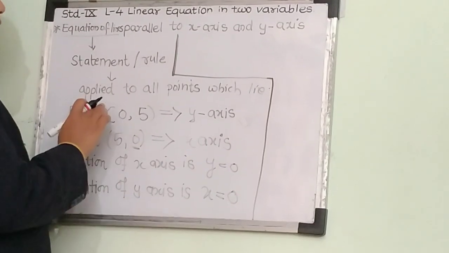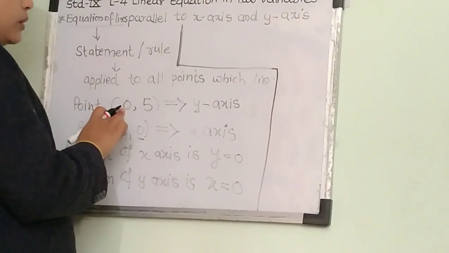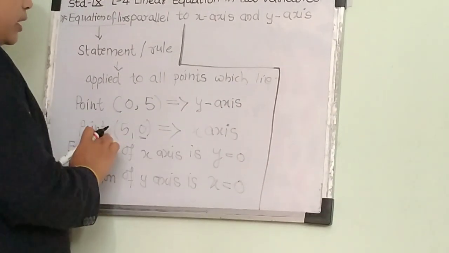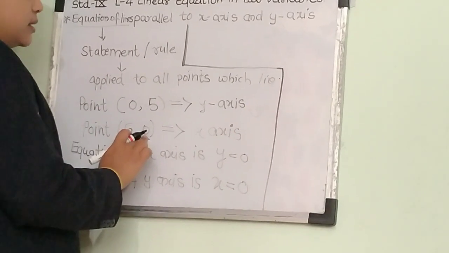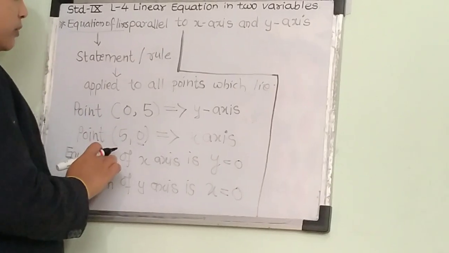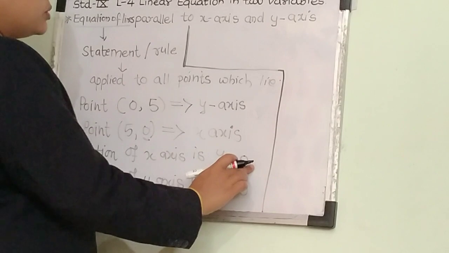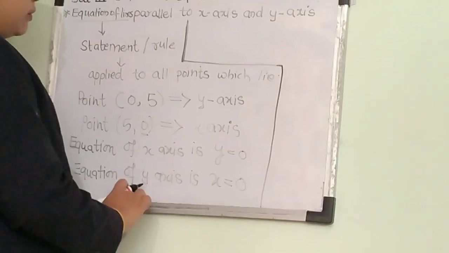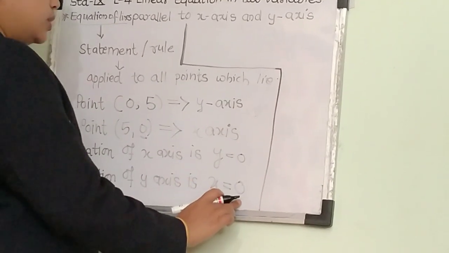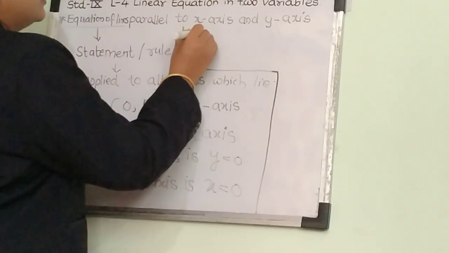Secondly, we see that the point whose x coordinate is 0 lies on the y-axis, and when the y coordinate is 0, then the point lies on the x-axis. From this we conclude that the equation of x-axis is y equals 0 and the equation of y-axis is x equals 0.